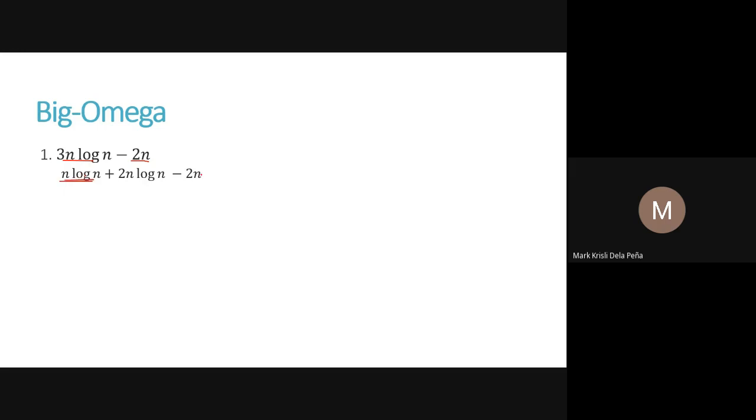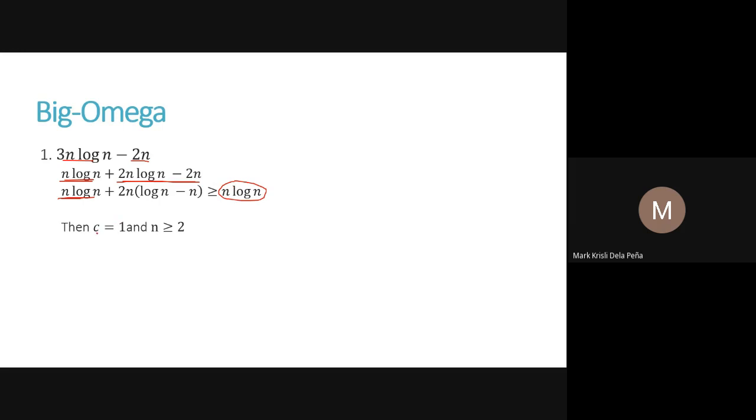We will realize later on that this is actually much larger compared to this one, which means our best case would be n log n. So that would be our big omega.